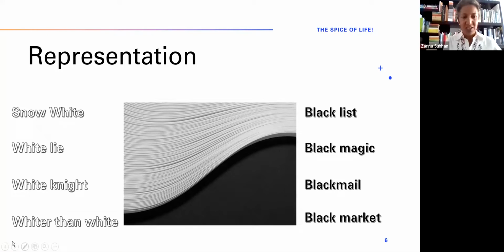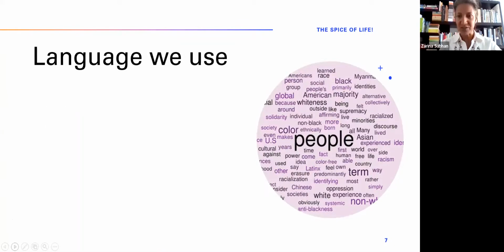We're not using the word blacklist in a negative way or in a terrible way. It's just part of the language. But we need to actually consider, why is it part of the language? Why is it being accepted as part of the language as well? And so the language we use is really important, especially in the English language teaching classroom.